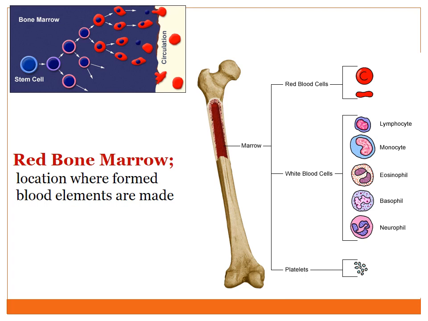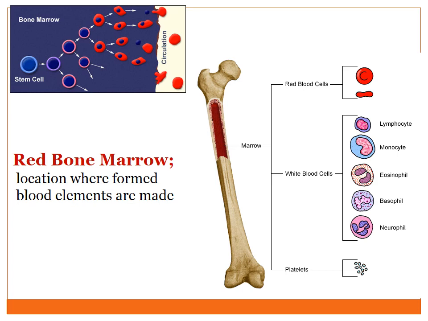And to emphasize again, all blood cells, red blood cells, white blood cells, and platelets, are produced in the red bone marrow. The top image illustrates that these are all initiated from a single stem cell type that will differentiate into these different bloodlines, and then these blood cells will leave the bone to enter the circulation.